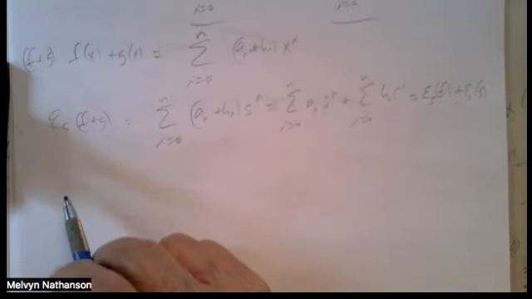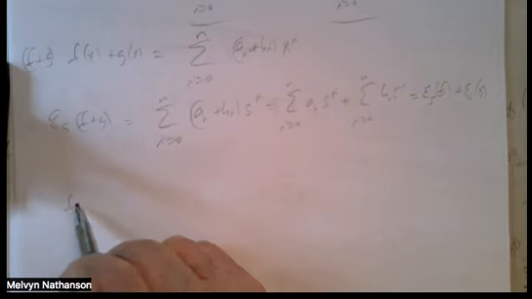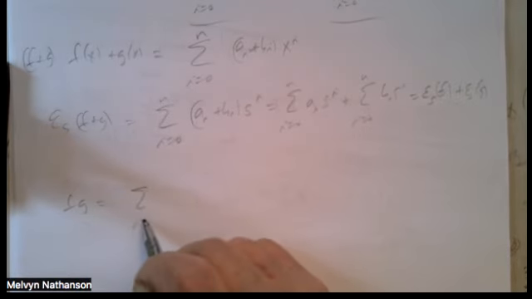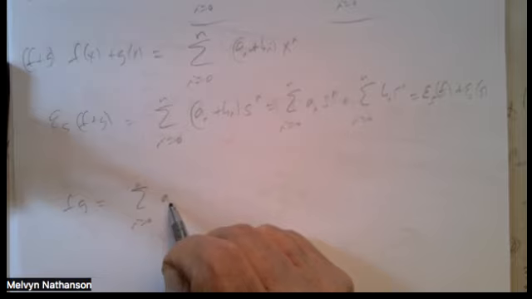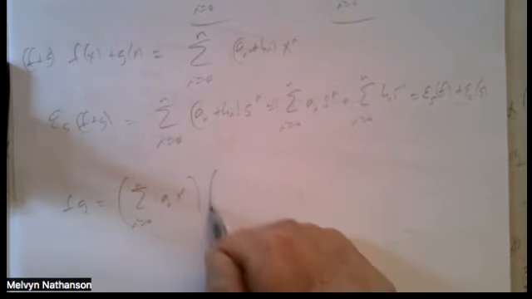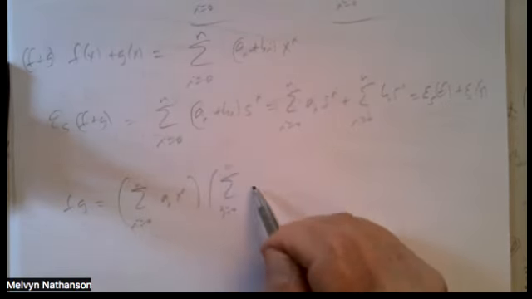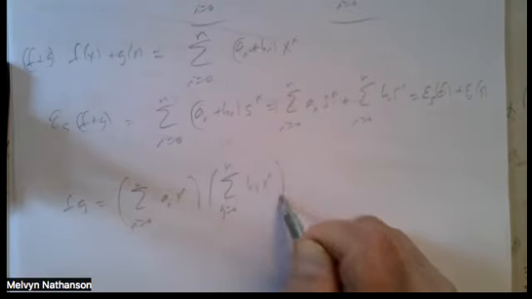What about the product? So the polynomial fg, this is summation i goes from 0 up to n a i x to the i, times the polynomial, I'll use a different letter, j goes from 0 up to n, b j x to the j. How do you multiply polynomials?